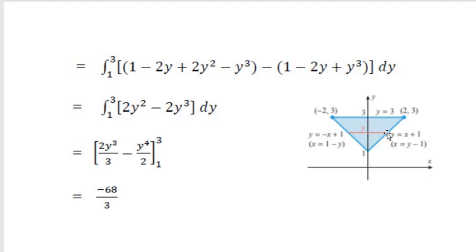Since uniqueness fails, we cannot evaluate this over a region R.